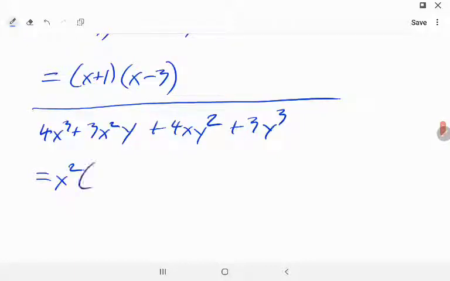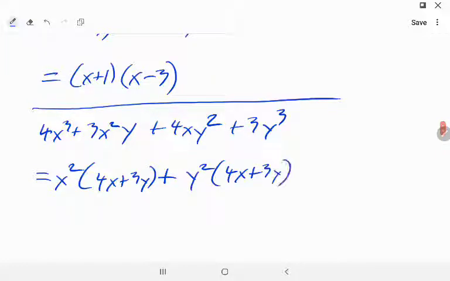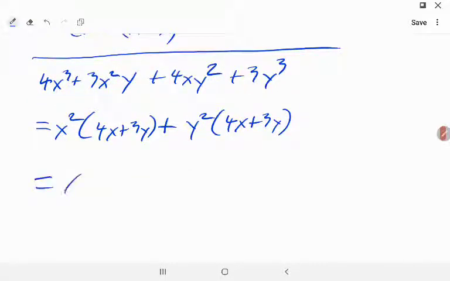We get x squared times the quantity 4x plus 3y. The second two terms have a common factor of y squared. And so we get y squared times the quantity 4x plus 3y. And so we end up getting the quantity x squared plus y squared times the quantity 4x plus 3y.